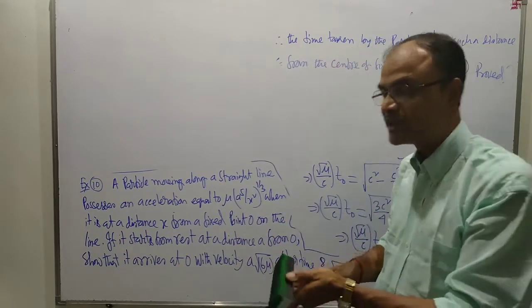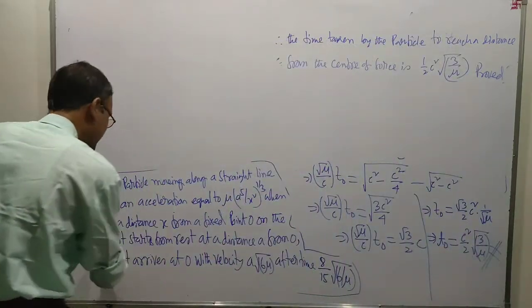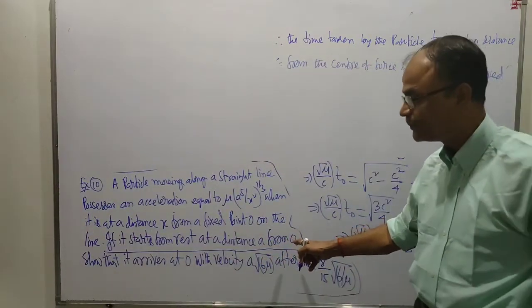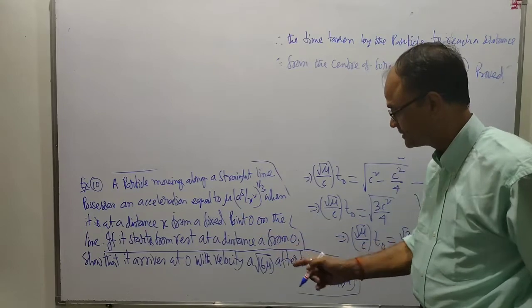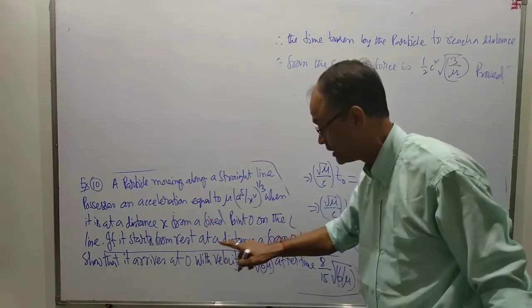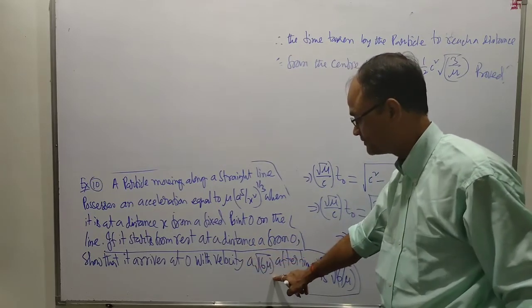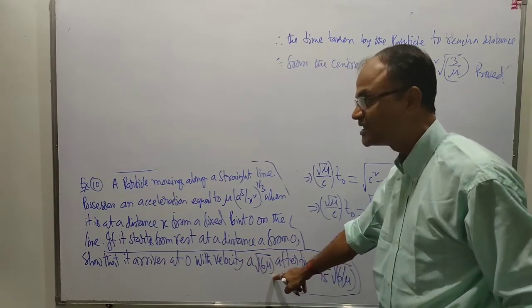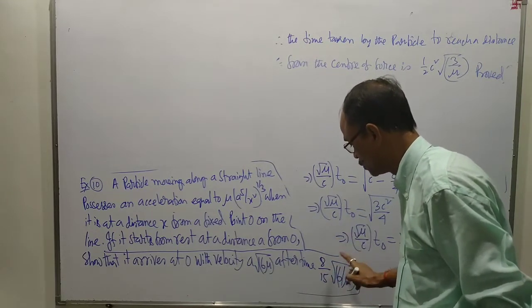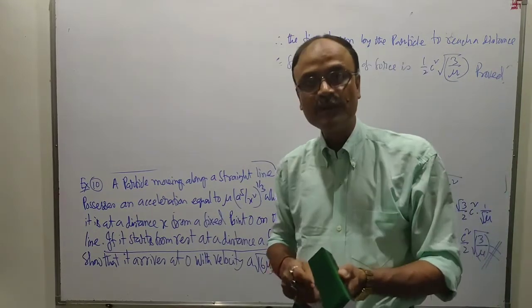If it starts from rest at a distance a from O, so that it arrives at O with velocity a root over 6 mu after time 8 by 15 root over 6 divided by mu.